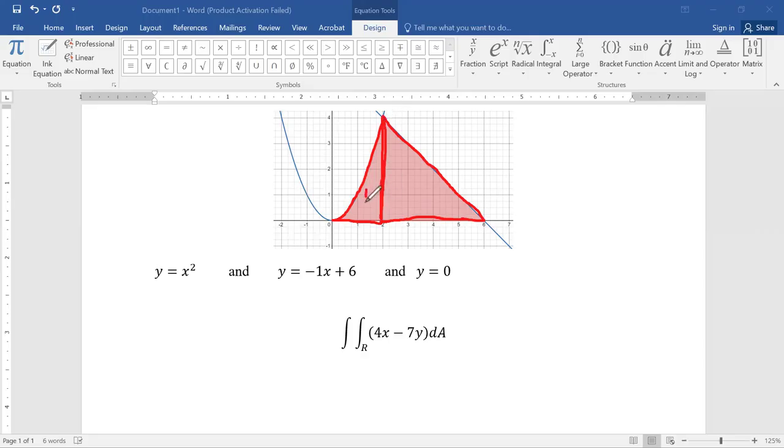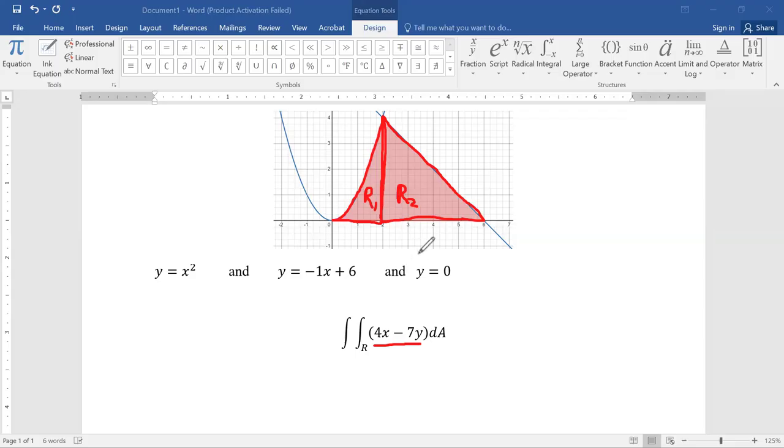And I'm going to take this first region and the second region, and calculate the volume of the three-dimensional object under this surface, but over the two regions separately.